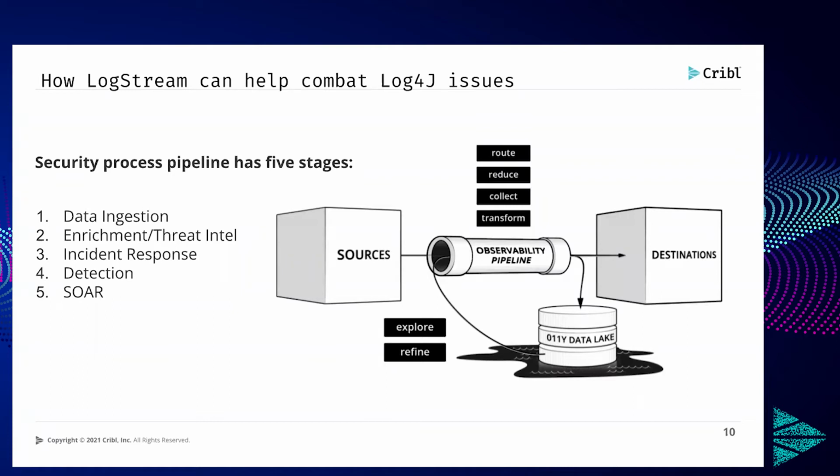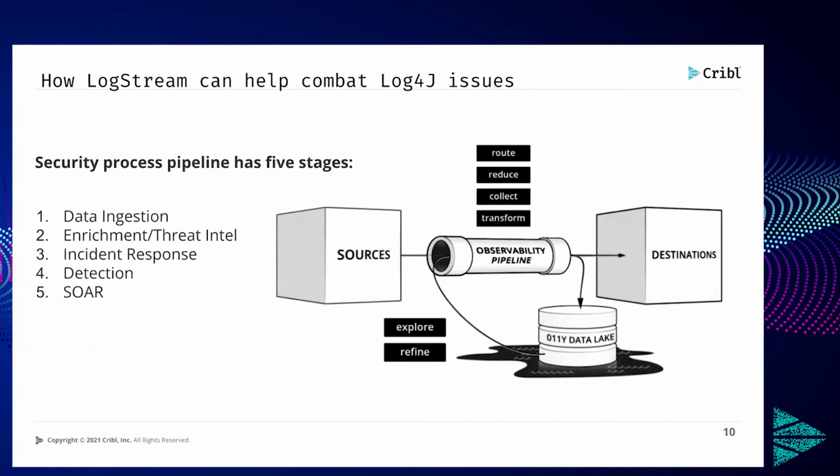So what I want to talk about was how we can use Cribl LogStream to enhance your security process pipeline. Typical pipelines have 5 steps: ingestion, enrichment, incident response, detection, and a SOAR response.